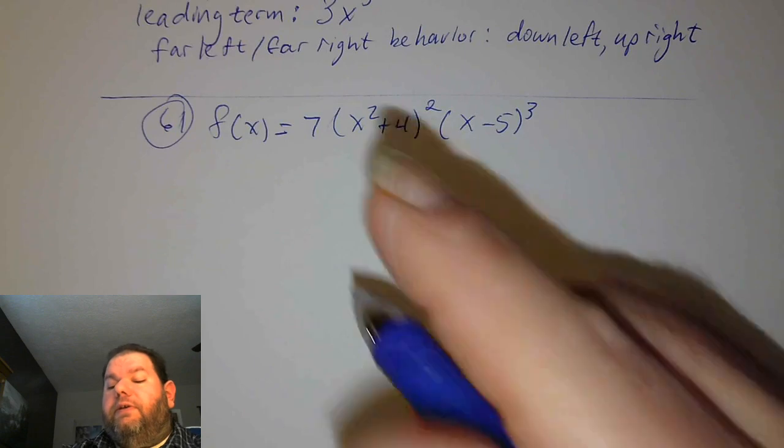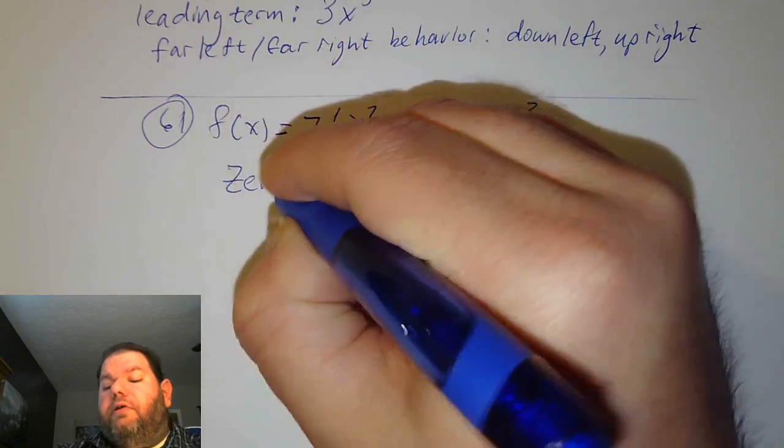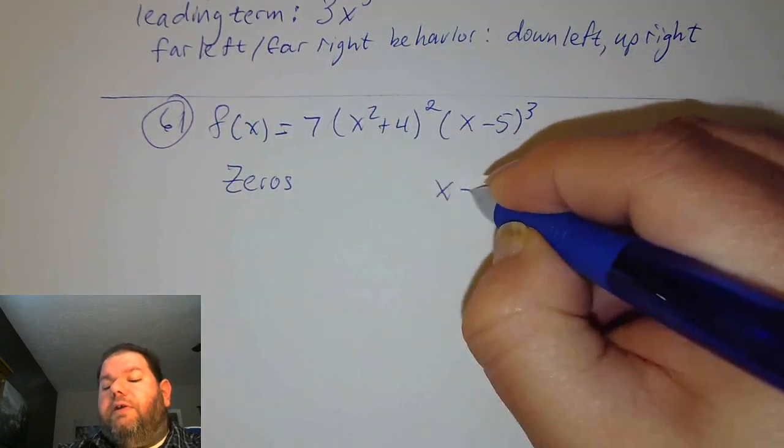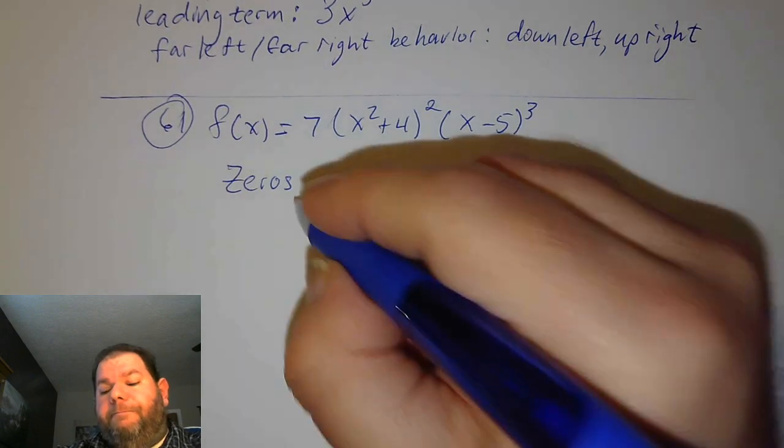So we look at this, and for our zeros, we just get x equals 5.